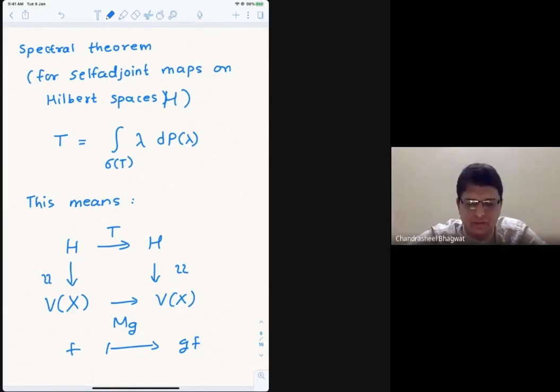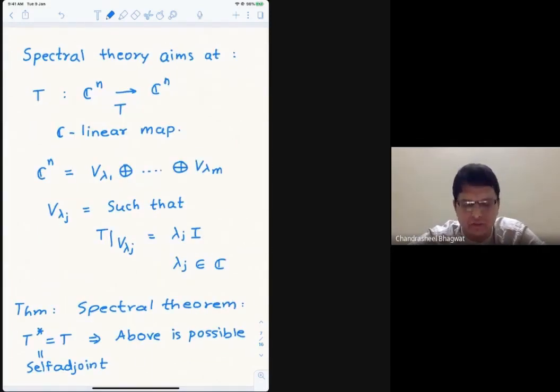So think of this, for example, in the classical version, there are this v lambda 1, v lambda 2, and so on, right? If you look at the projection on v lambda 1, projection on v lambda 2, and so on, they give you m different linear operators. That defines something called operator valued measure. And then you integrate the function lambda 1 to lambda with respect to that measure, and then you're going to get your T back.